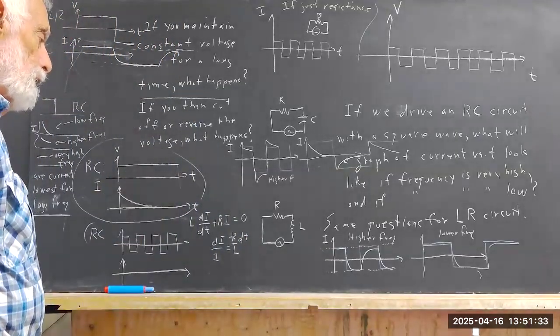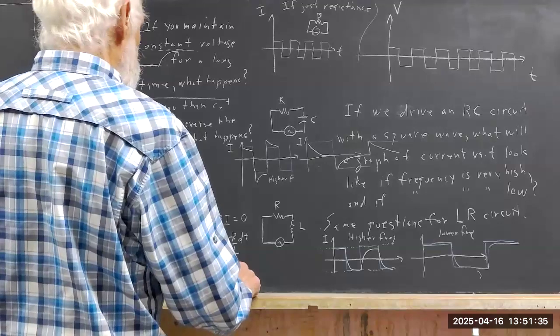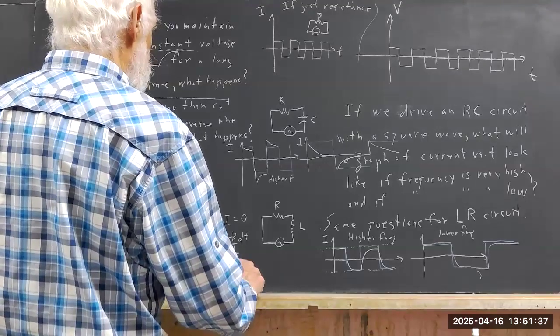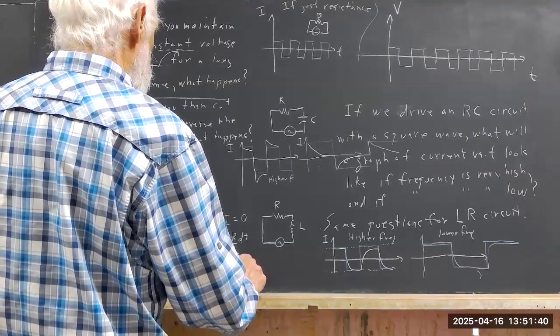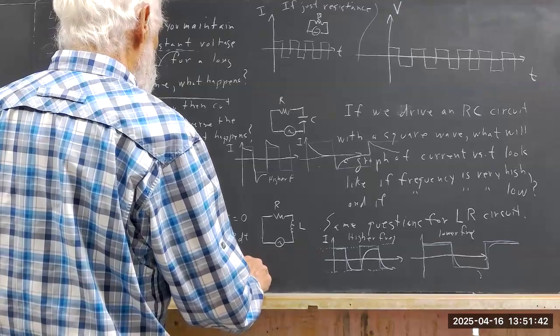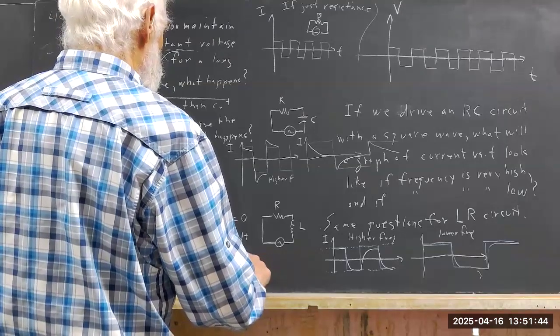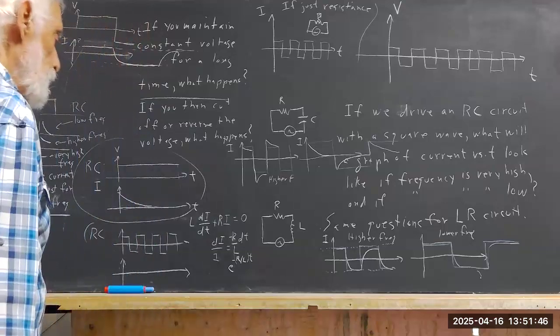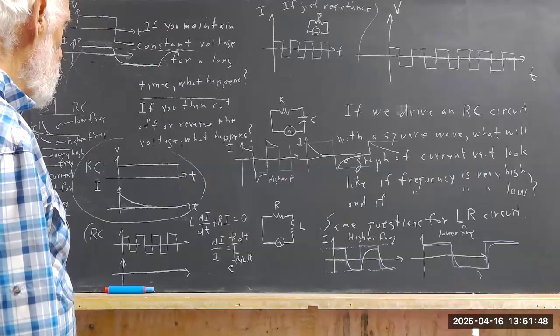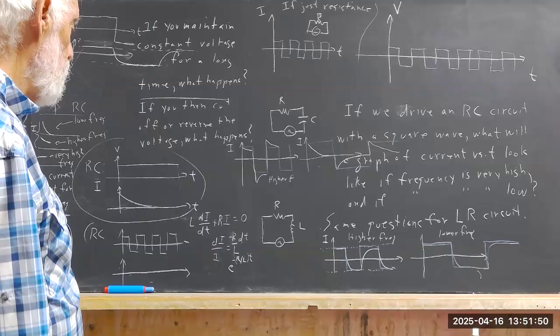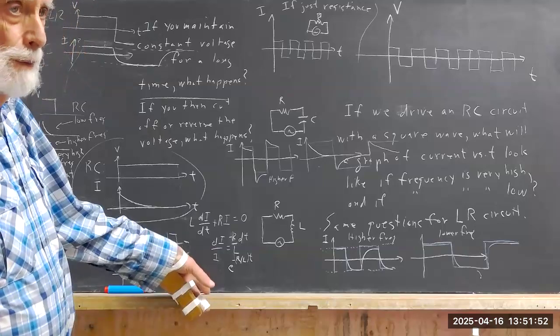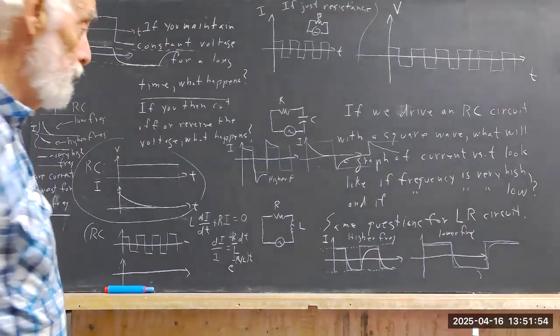di/dt equals negative R over L times i, and you get the exponential function, e to the negative R over L t, et cetera. And I worked out the details of that last time.